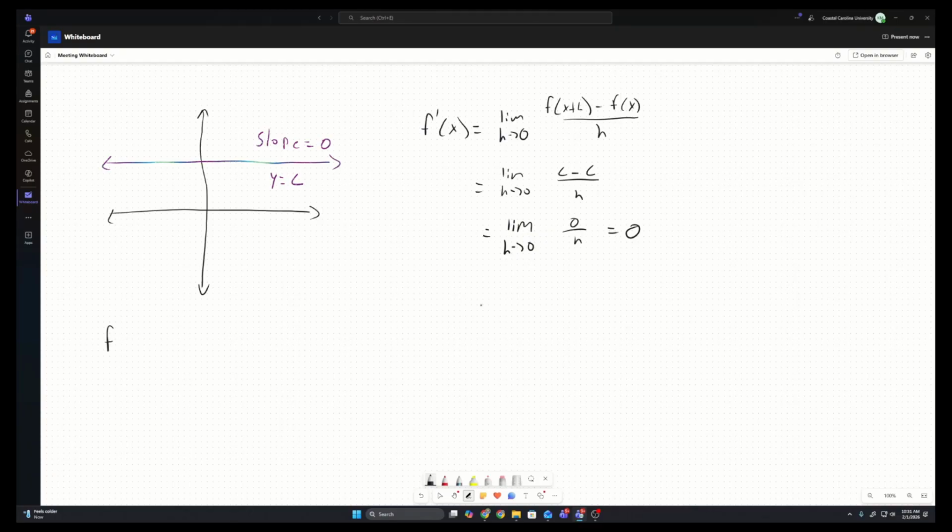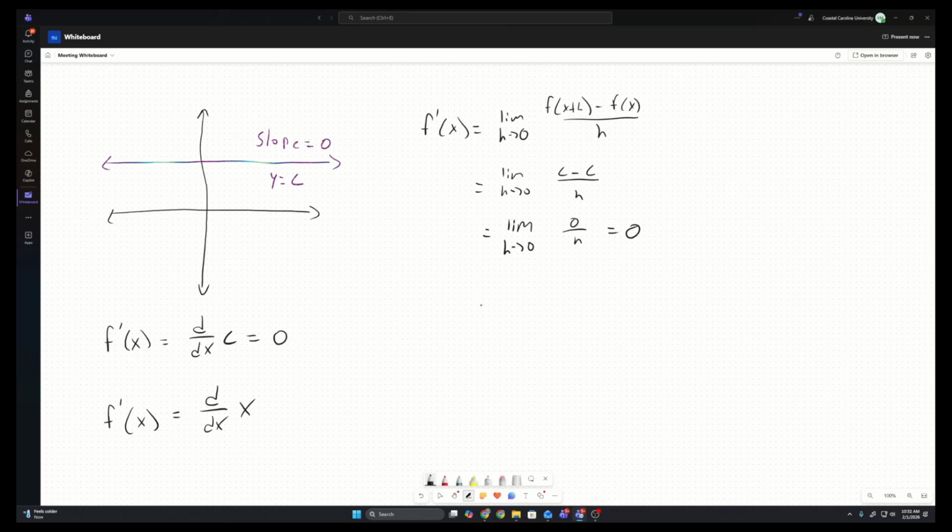If I take the derivative of any constant, whether it's the number 1, 2, 5, 10, negative 6, whatever, my answer is always 0. This is one of the easier ones because if you just have a regular number, it's always going to be 0.